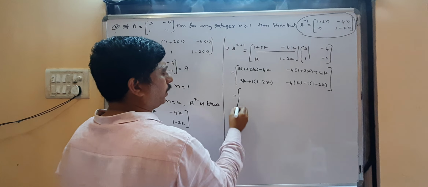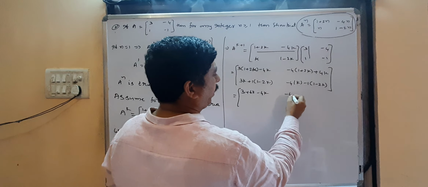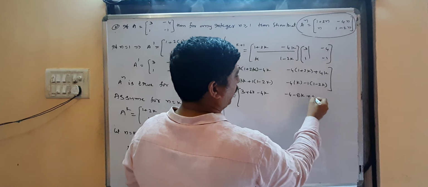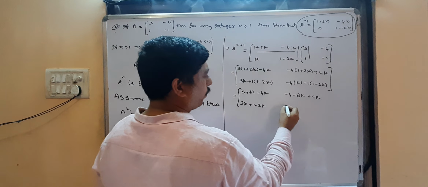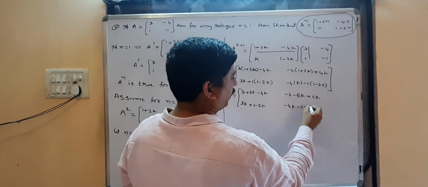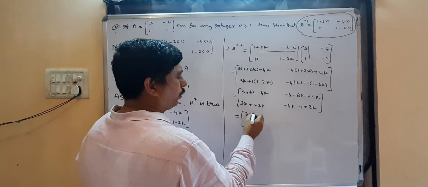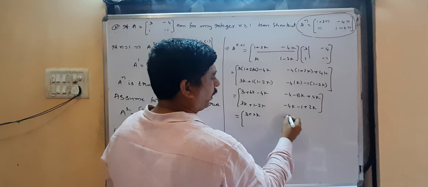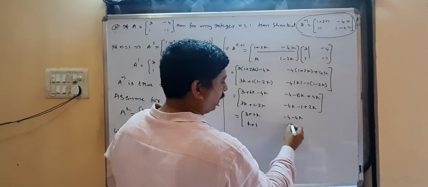So that is 3 plus 6k minus 4k, minus 4 minus 8k plus 4k, 3k plus 1 minus 2k, minus 4k minus 1 plus 2k. So this is 3 plus 2k, minus 4 minus 4k, k, plus 1 minus 2k minus 1.